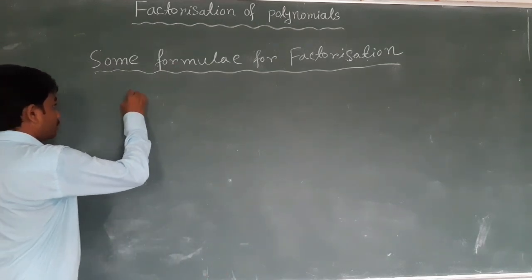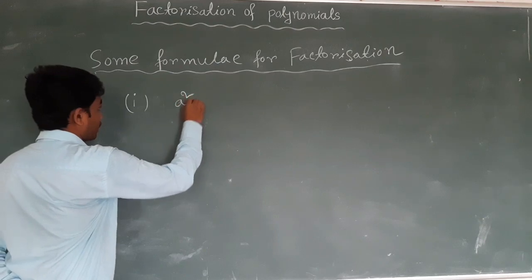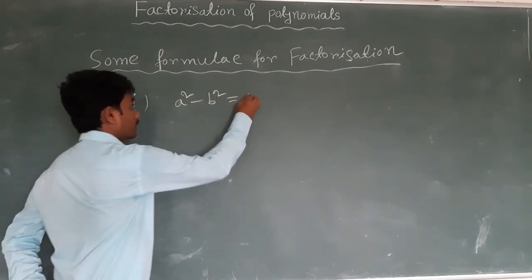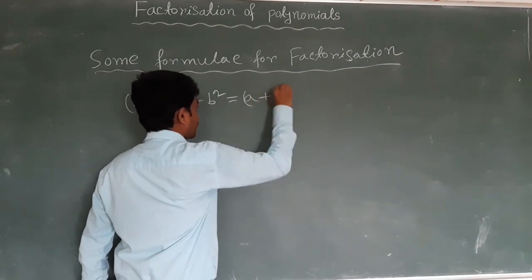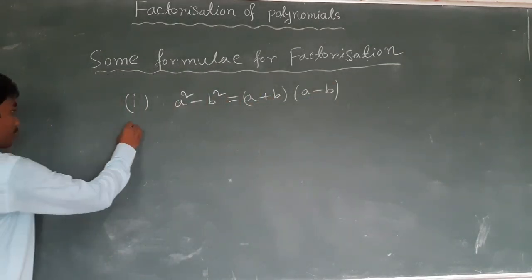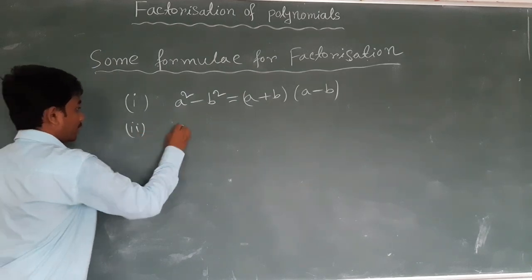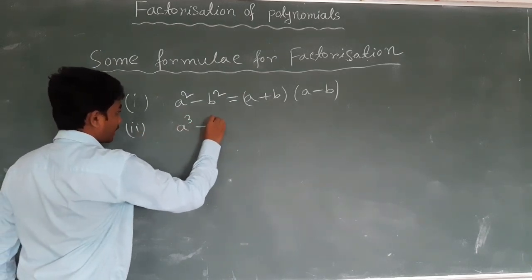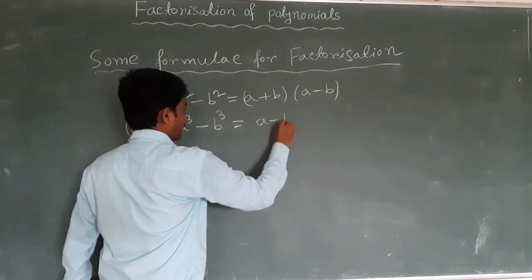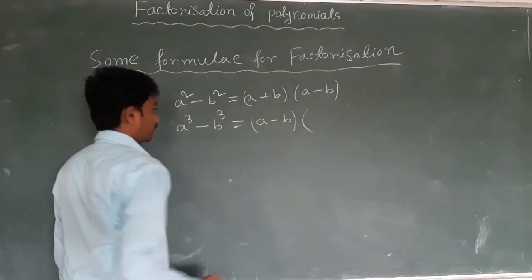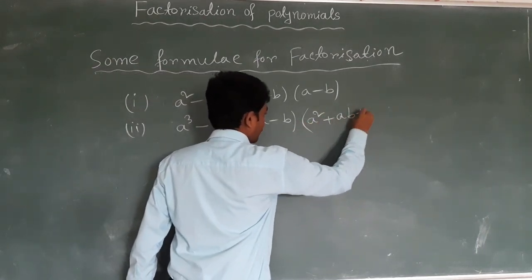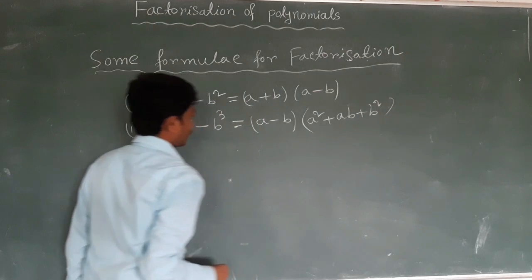First one, a square minus b square is equal to a plus b into a minus b. Second one, a cube minus b cube is equal to a minus b into a square plus ab plus b square.